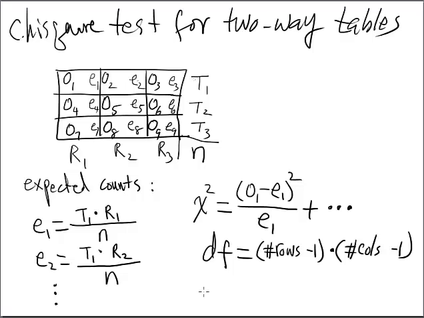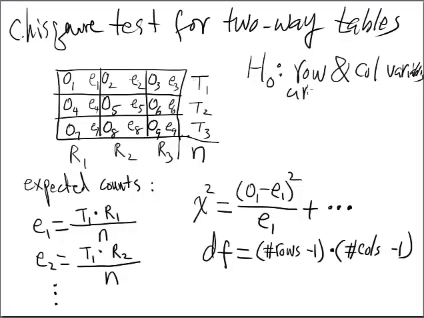And if your p-value is less than 0.05, you reject H0. But what is our H0? Oh, I haven't given H0. H0 is the row and column variables are independent.